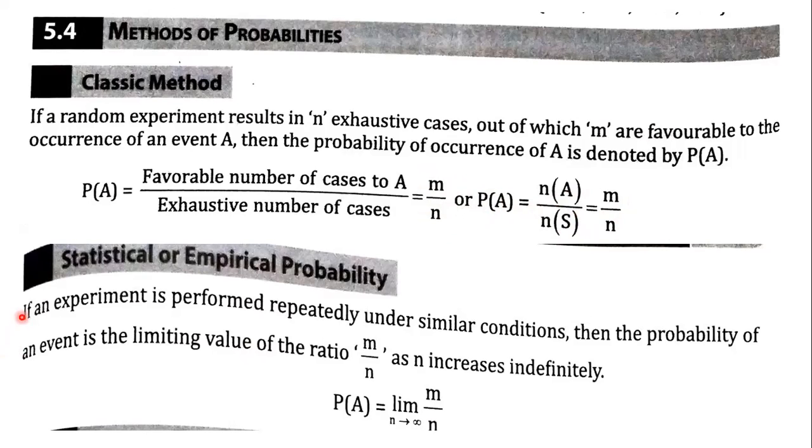Then apart from this, we have statistical or empirical probability. If an experiment is performed repeatedly under similar conditions, then the probability of an event is a limiting value.